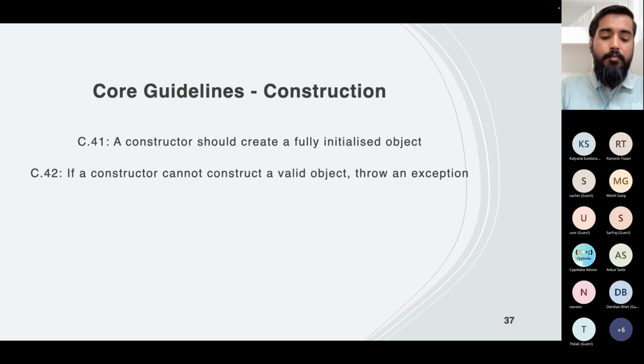So if for some reason the construction of your object fails, for example, if you are opening a file in your constructor and that file opening fails, do not let that object get created. You throw an exception immediately, because leaving behind an invalid object is asking for trouble. You don't know what will happen, so it is better to throw an exception immediately.